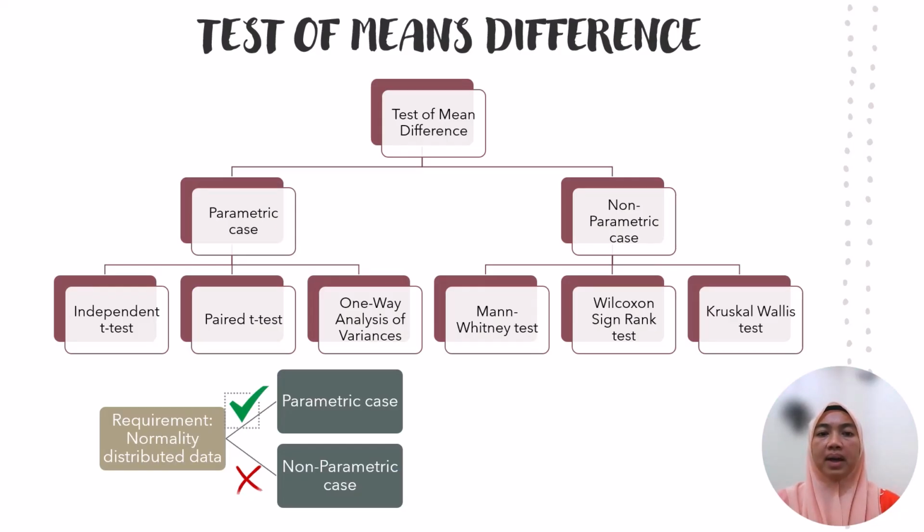Just to recall the test of the mean difference, now we cover the first parametric test, which is the independent t-test. After we meet the assumptions, we can use the parametric test.